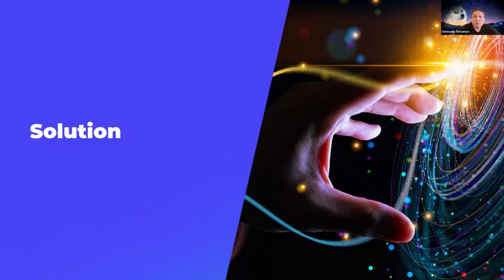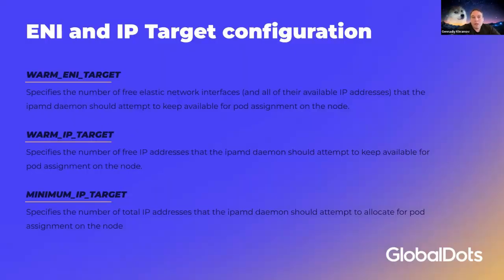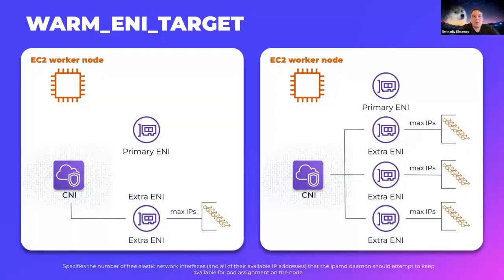So what's the solution? What did we find? Generally, there are three key parameters for the IPAM daemon. The number of IPs to keep around on the node is controlled by these three parameters. Let's show in a bit more detail how they work.